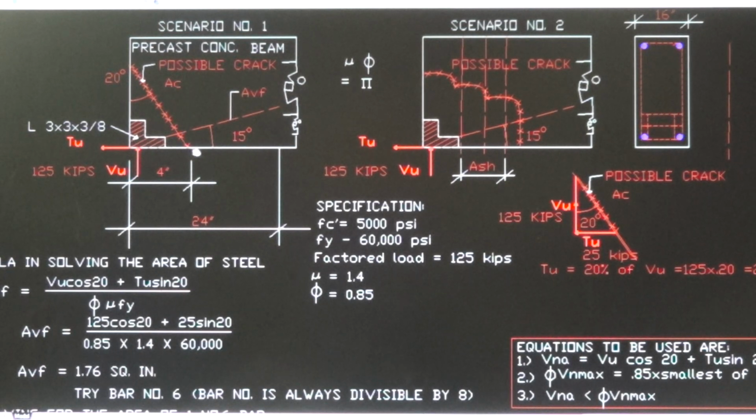The cracks could be here and there, and we don't know the actual location. So to make sure that you don't cut short of the development length, I extended it to the maximum 24 inches. I think it's safe and it's okay.